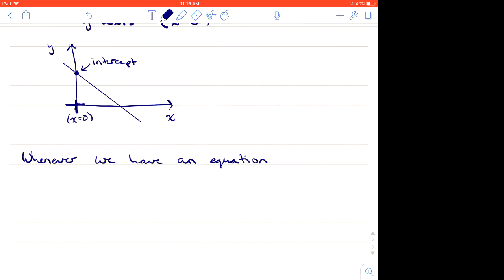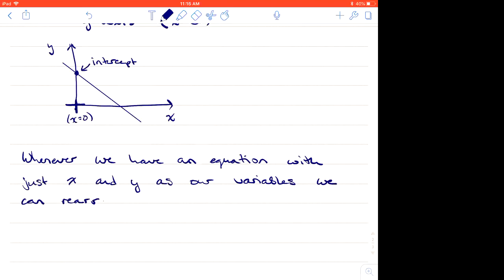So whenever we have an equation with just x and y as our variables, we can rearrange it into the form of y equals mx plus b.